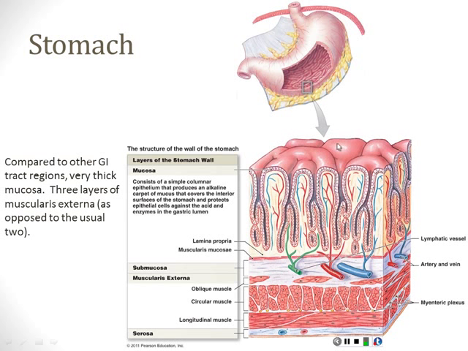The reason for that thick and complex arrangement is to protect these underlying tissues from the acid and protein-digesting enzymes that are present in the lumen, which is up here. So this is where the things we've eaten end up. So we still have those 3 layers, but the top layer, the mucosa, is complexly arranged, which we're going to talk more about in a minute.